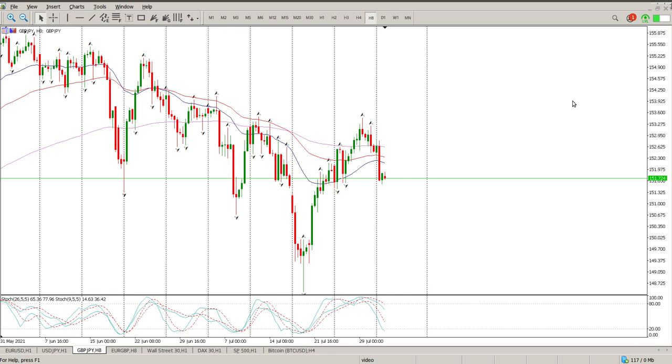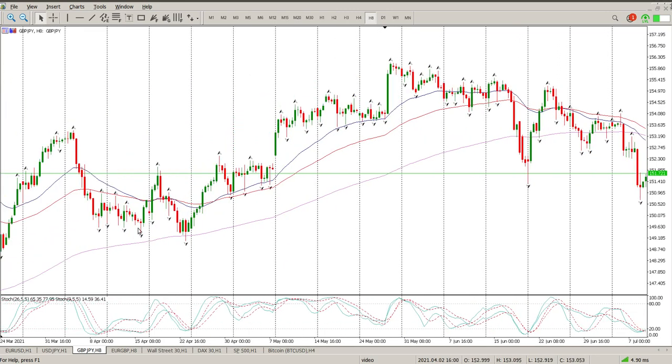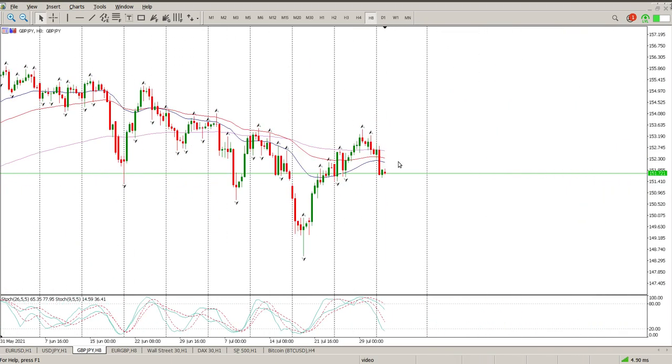British pound, Japanese yen. We had a pretty strong sell-off yesterday. Moving averages haven't crossed over, still kind of in a bearish trend. Thing is, we've been in an extended uptrend for quite some time, and then we faltered and went into a weird, volatile pullback. Now what it has done is, here's a shoulder, here's a head.